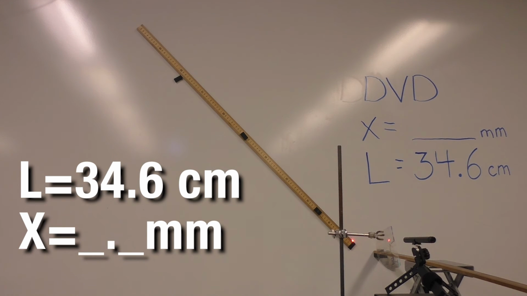So take note of the new spacing L that we've set up here, 34.6 centimeters. It's very dim to see the first diffraction spot. So we're going to turn the lights out, make a mark on the board where that diffraction spot is, and then turn the lights back on. I'll zoom in, and you can take a reading of the value of X.